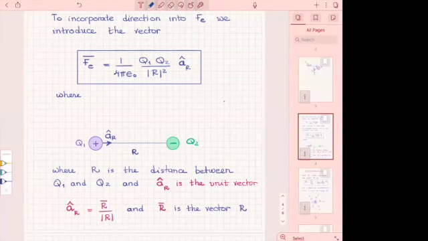Okay, so now I describe this vector F sub E, electrostatic meaning, as 1/4 pi epsilon naught. Epsilon naught is what? Do you remember? The dielectric constant of free space. Assuming that we are in free space it is epsilon naught. If, however, the charge is embedded within a material, how much is this epsilon naught going to be? It's going to become epsilon.